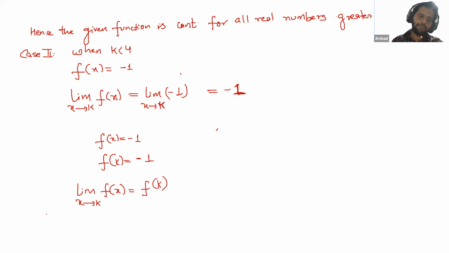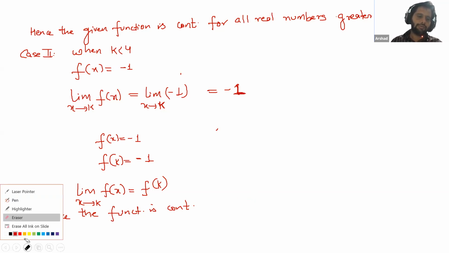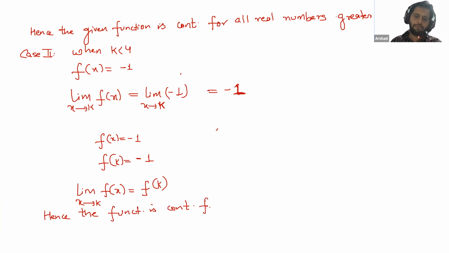We can say that the limit as x tends to k of f(x) is equal to f(k), as the function is continuous at x equals k. Hence the function is continuous for all real numbers less than 4.